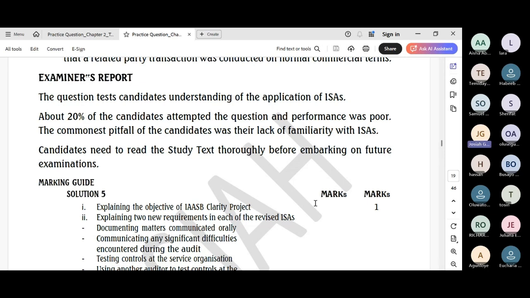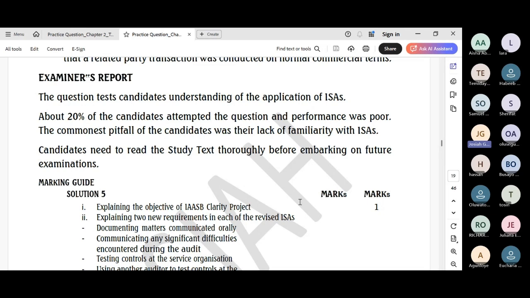So those are the new updates in ISA 320, and the specific documentation requirements for materiality thresholds and any changes must be documented physically, and also guidance on the use of benchmarks for initial materiality settings. Is it 10% of revenue? Is it 20% of profit before or after tax? And all those guidance.